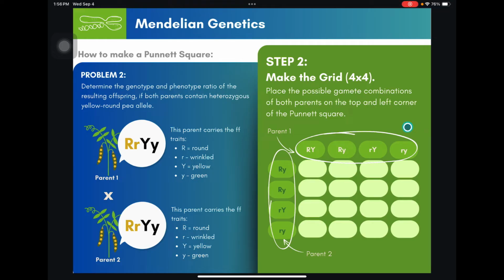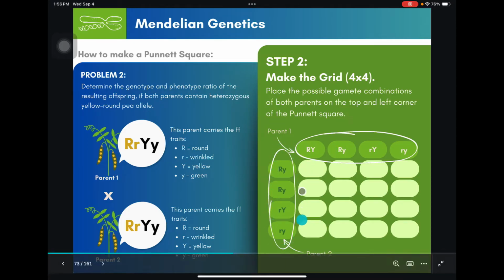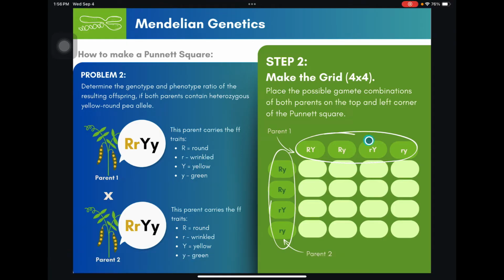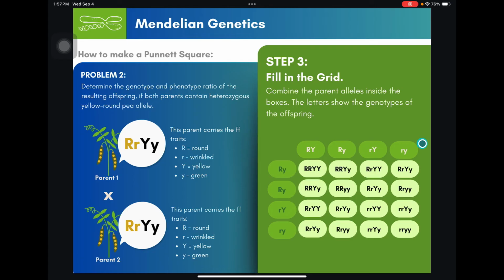For the top, it's for either parent 1 or 2, and for the left side, as you can see, you'll also input the gamete combinations of the other parent. Just like the monohybrid cross, you can interchange, but at this point it's pointless because they have the same gamete combinations. Alright, so fill in the grid and combine the parent alleles inside the boxes.